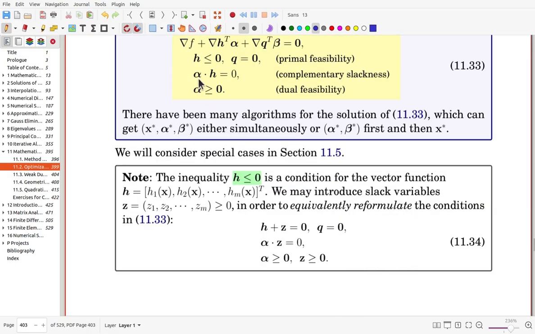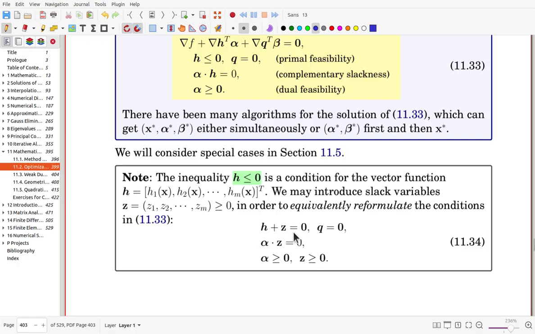Here, h is non-positive, so we add a non-negative term z such that it equals 0. If z is non-negative, it is the same as h being non-positive.